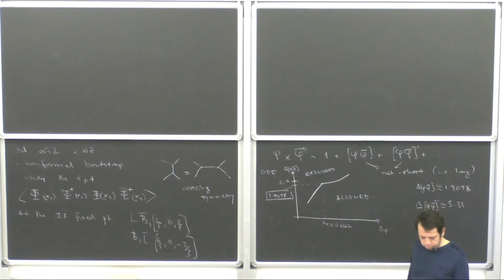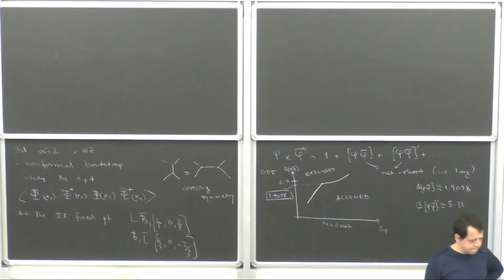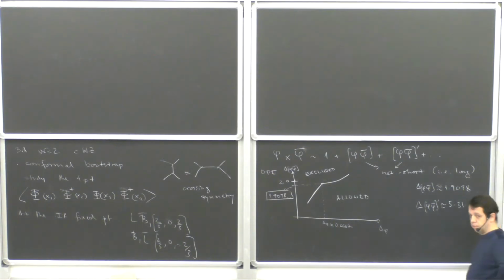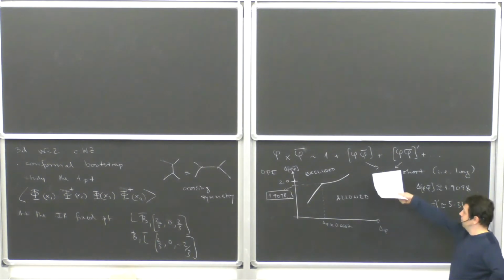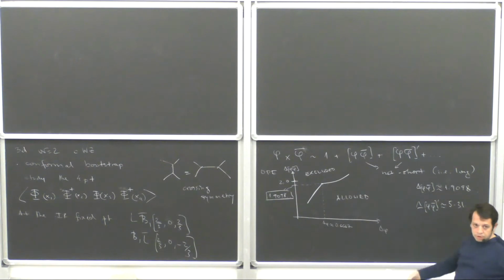Right. I have a question. Yes. So in 2 dimensions, we usually only take the singular part of the OPE. Why are we not doing that here? Right. So yeah, good. I haven't really talked about this; it is a schematic equation. I'm not claiming that this is regular as an OPE.